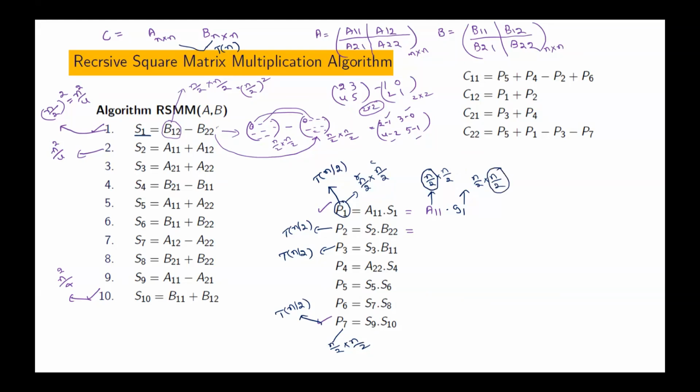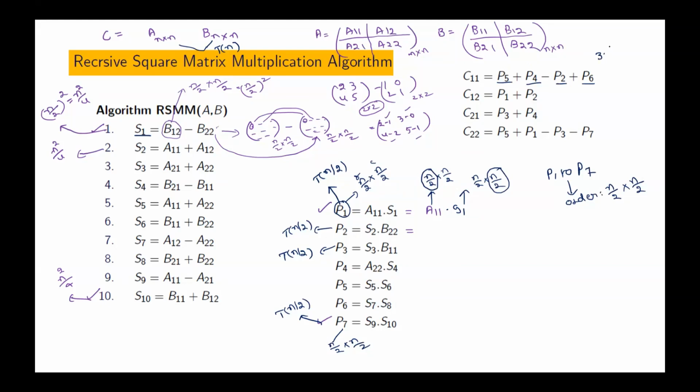Now, what is the order of P1 to P7? It is n by 2. So what do we need to do here? How many additions or subtractions do we need to perform here? 3.